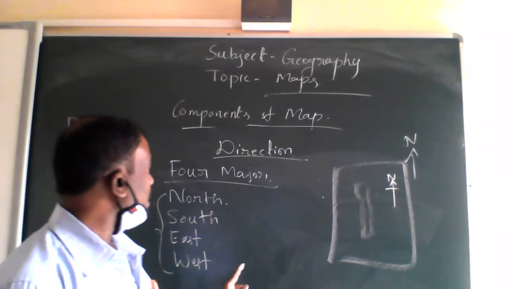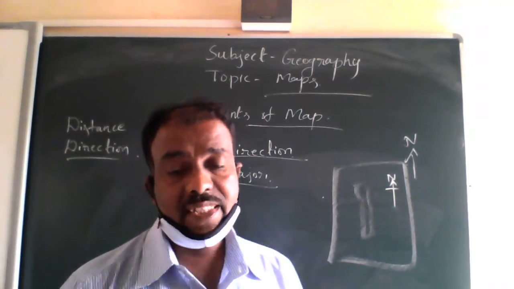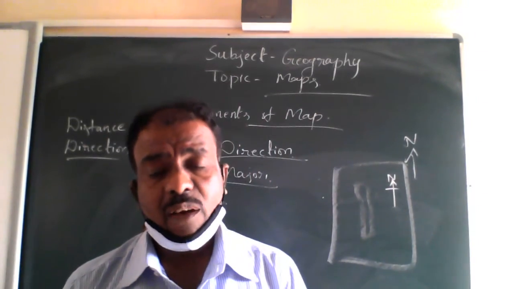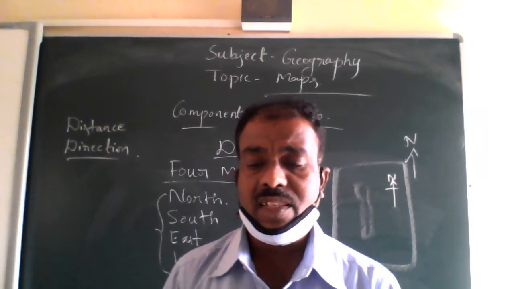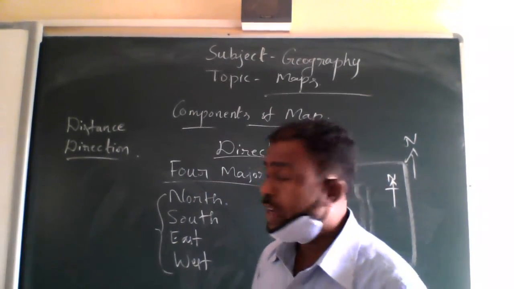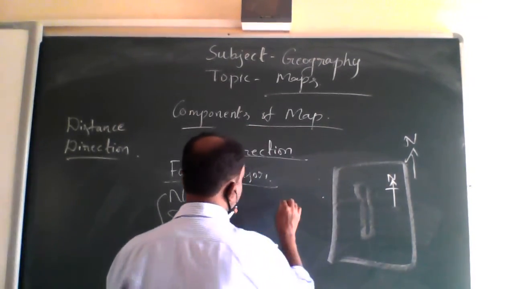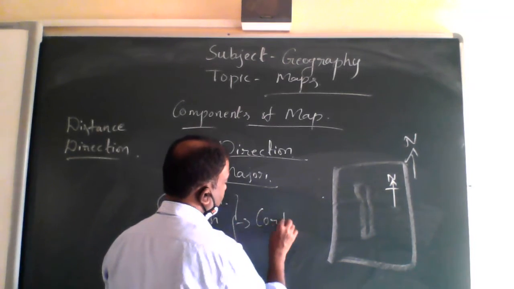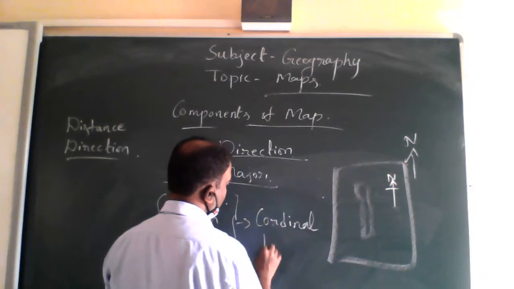So these are four major directions. Got it now? And these four major directions are called cardinal points. Isn't it clear now? Cardinal points.